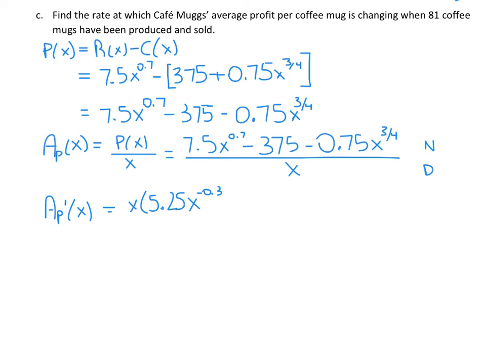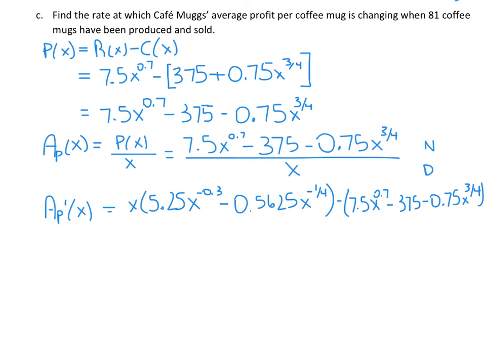That's a constant, and the derivative of a constant is 0. So moving on to the next term, we have a minus 0.75 times x to the 3/4. We're going to bring that exponent out in front using the power rule. So we have a negative 0.75 times 3/4, which is going to leave us with a minus 0.5625x to the, subtract 1 from the exponent, we have an exponent of negative 1/4. So there's the derivative of the numerator.